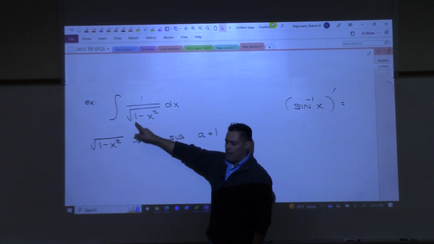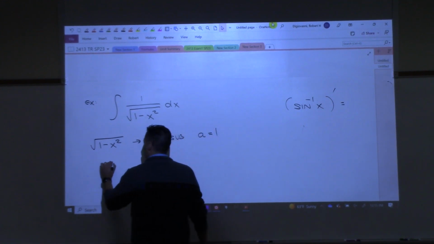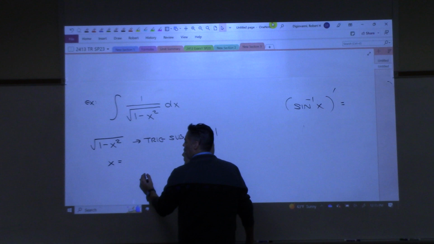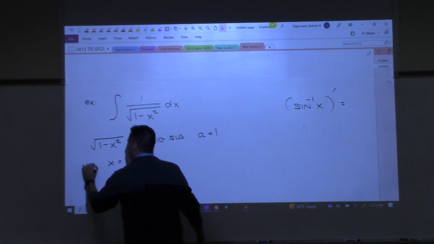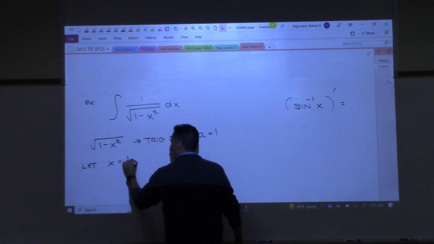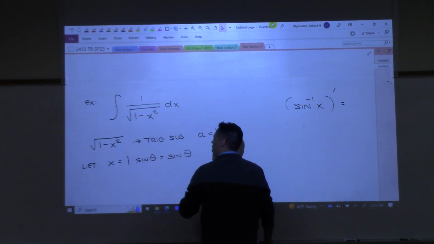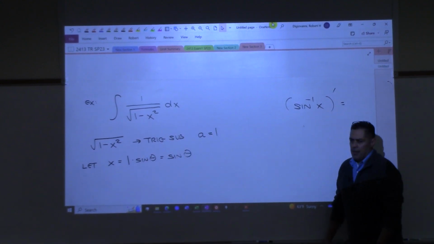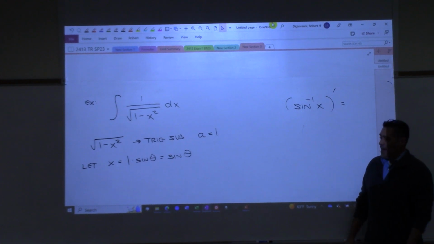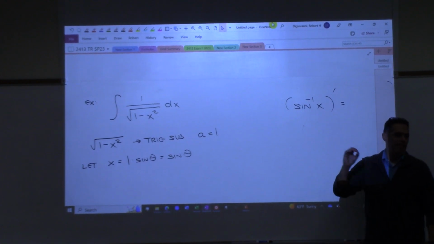And the substitution is x equals a sine theta, so 1 times sine theta, which is just sine theta. All I'm going to do is replace x with 1 times sine theta.